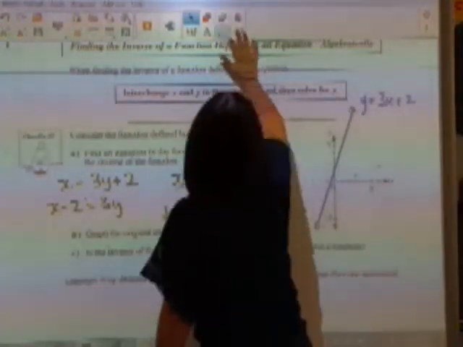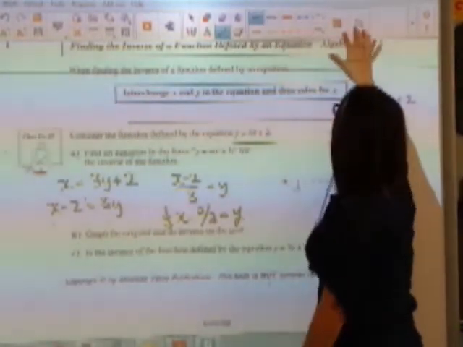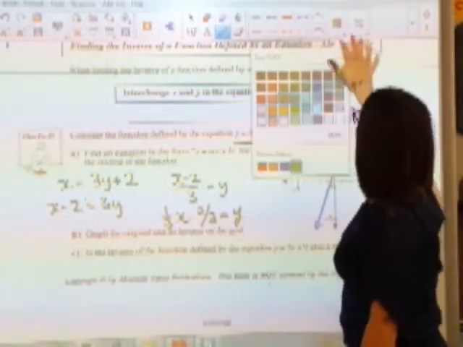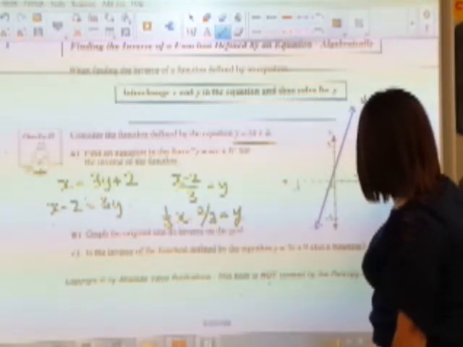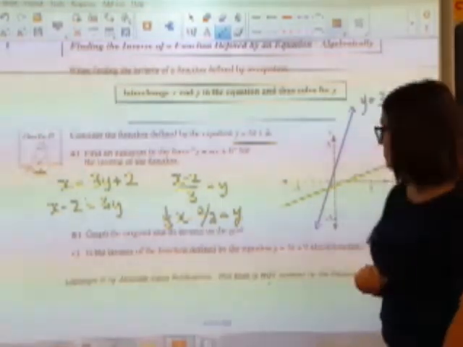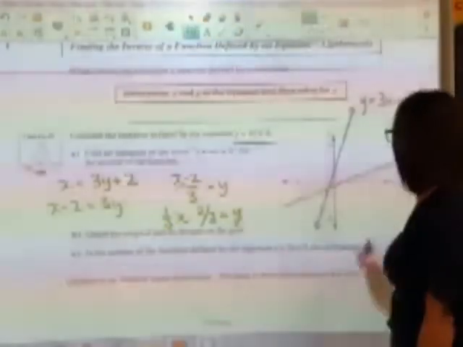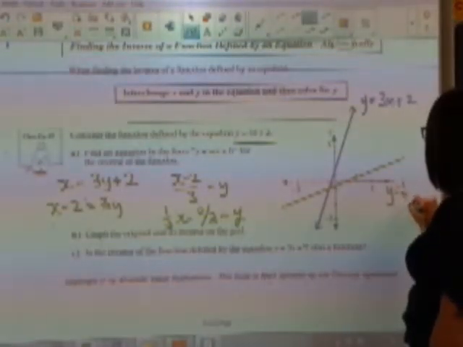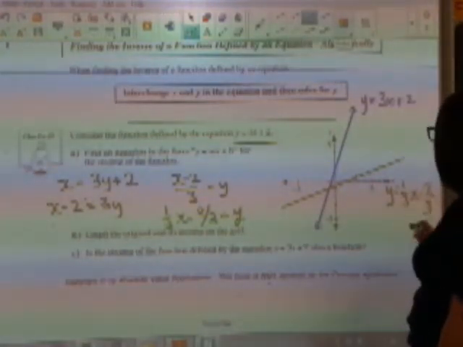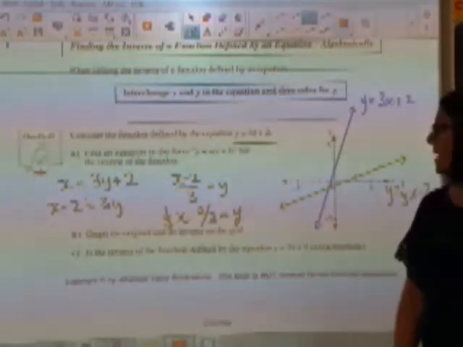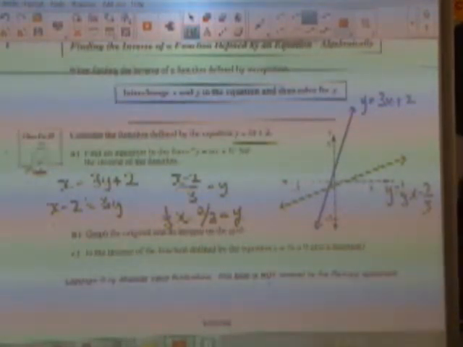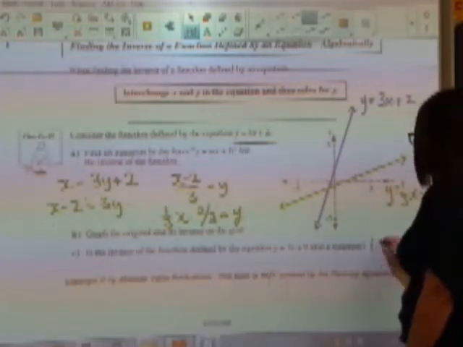So then if I join the points on that line, there's my inverse equation. Y equals 1/3 x minus 2/3. Is this inverse of the function also a function? Yes, this green line is a function.